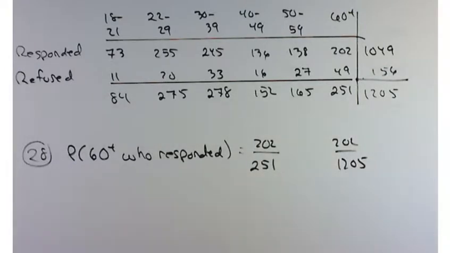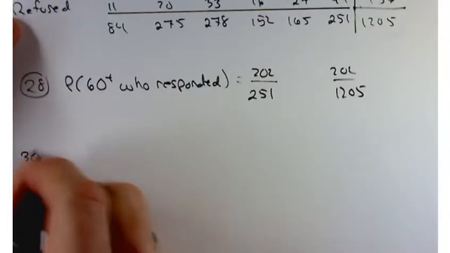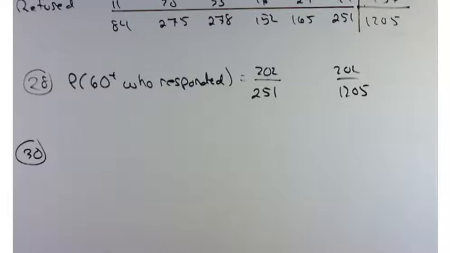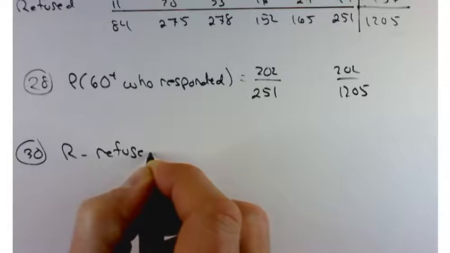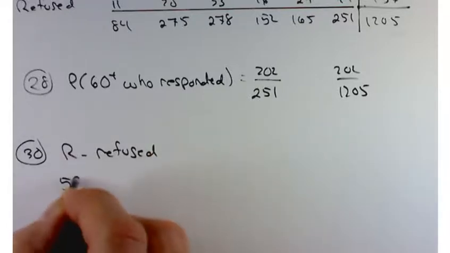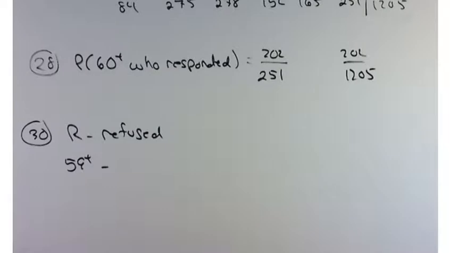But what we're more interested in is working with something called the general addition rule. And we can see that with problems like number 30. So problem number 30 asks us to find the probability that a selected person refused to respond or is over 59 years of age. So let's let R represent the event that the person refused, and we'll do 59 plus to be the event that the person is over 59 years old.